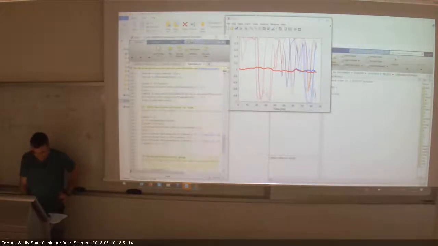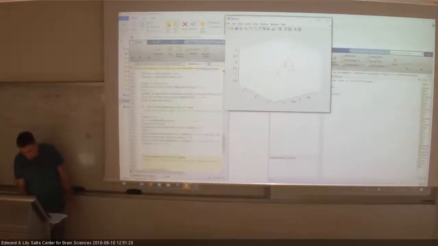We can look at it again in the space of these three neurons. You can see how the trajectories diverge. The blue is perturbed and the red is original, and at some point they become completely uncorrelated.